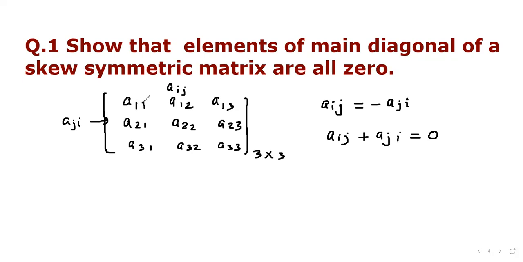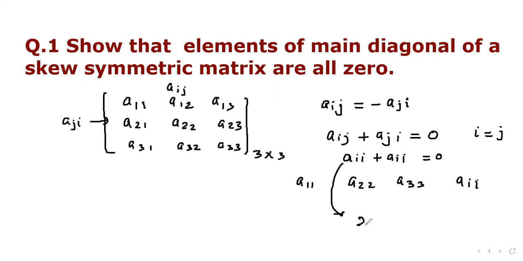But in the case of the main diagonal, the elements are like A11, A22, A33, so we can say Aii. So here we put i equal to j. When we put i equal to j, Aii plus Aii equal to 0, or twice Aii equal to 0, which gives Aii equal to 0.